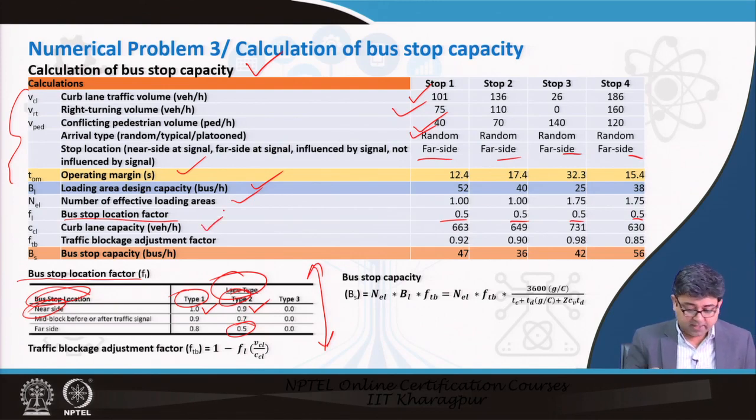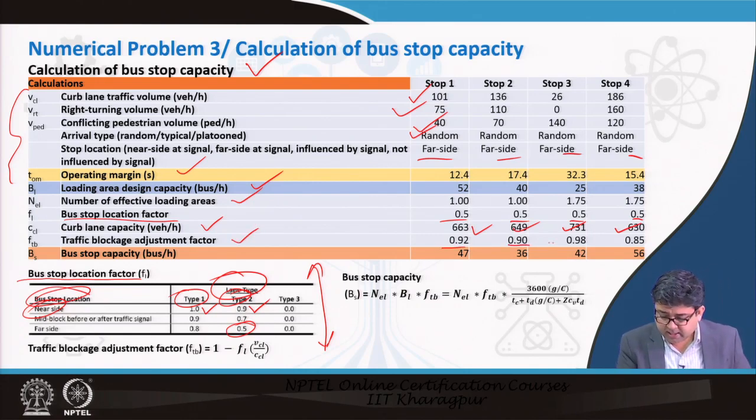Curb lane volume we know, so we can develop curb lane capacity. The traffic blockage adjustment factor is again a standard value that can be calculated or is usually given to you. What is a traffic blockage adjustment factor? It depends upon whether the queuing buses are blocking the traffic behind them.